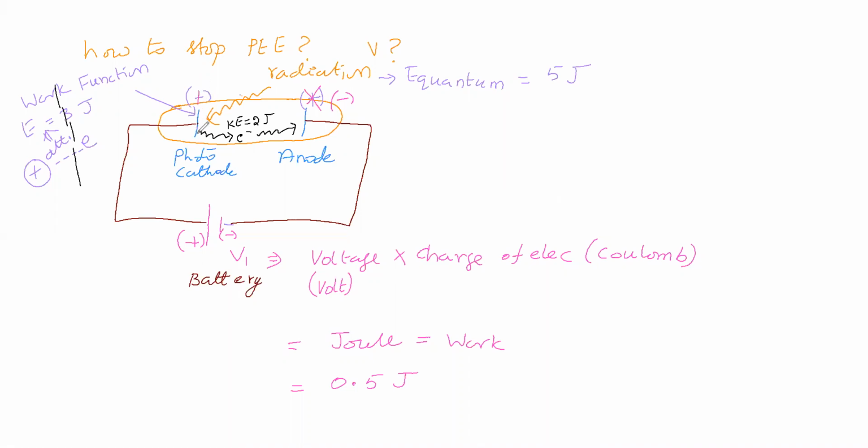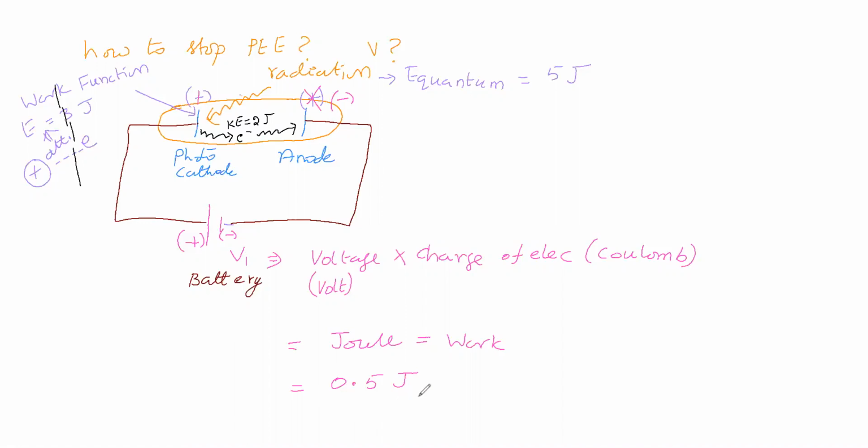This photocathode is attracting this electron, therefore it is pulling this electron back. This anode, actually it is the anode, but we made it a negative charge. This negative charge is repelling this electron.